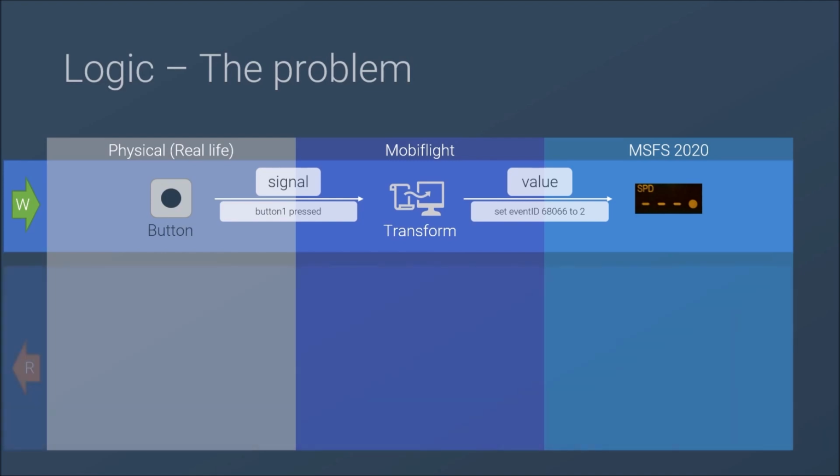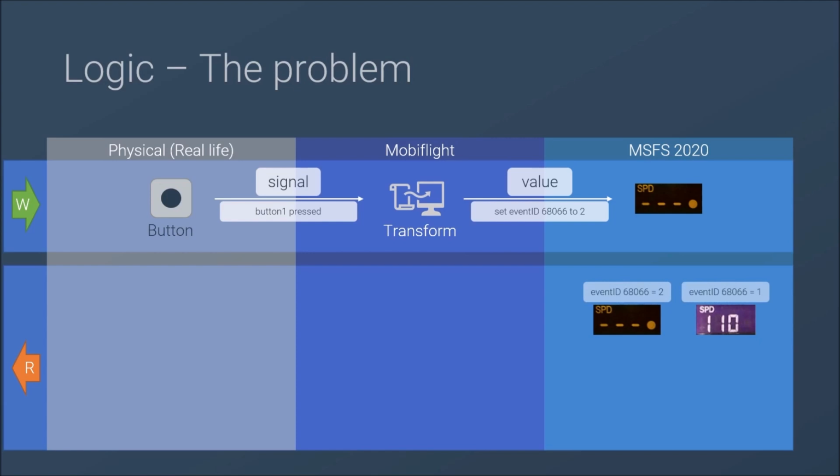The issue is now that we need to read what state is currently active inside the simulator. So we need to find out if the parameter of 68066 is either 2 or 1, so either managed or selected. The problem is that we are not able to read this parameter, or actually the entire value.